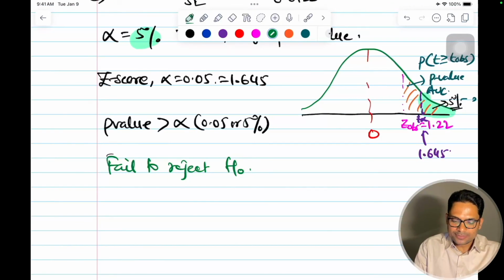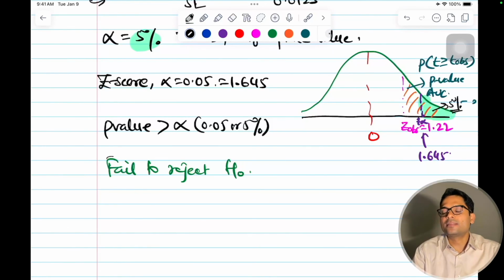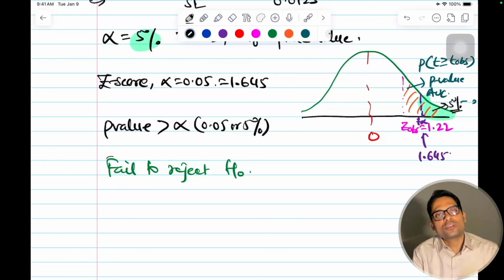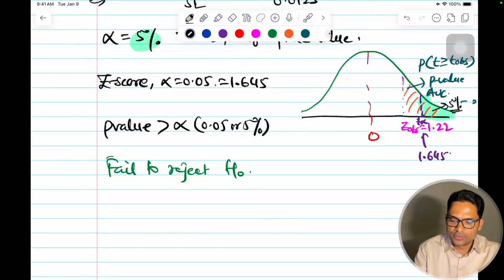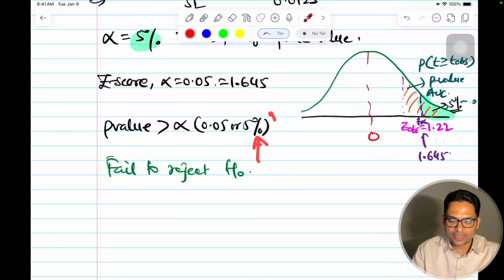So what is the conclusion? Whatever changes we are observing in the conversion rate are due to some random chance. It's not because design B is better.